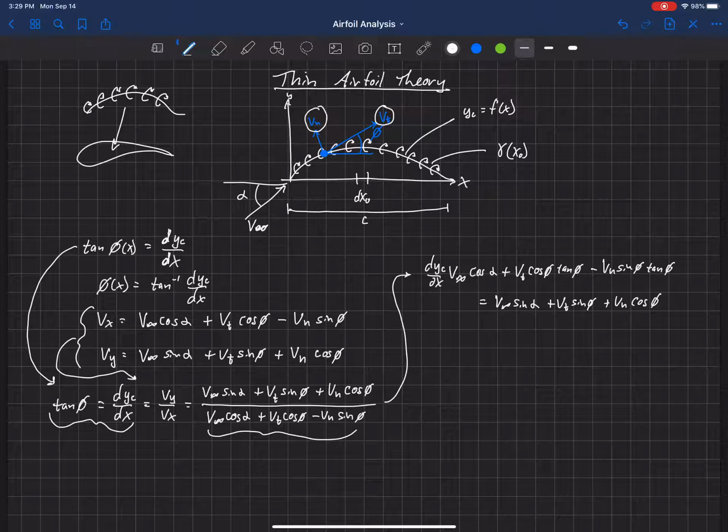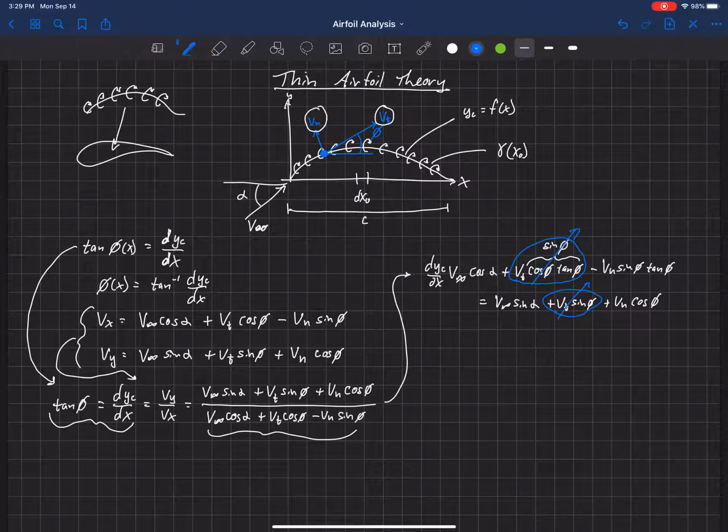All right, and now there's one trigonometric identity that we want to use here, and that is that the cosine times the tangent is equal to the sine. So we can swap that term out, and now we see that we have this term on the left-hand side that's equal to this term on the right-hand side, and so we can cross those out. Those two will cancel.